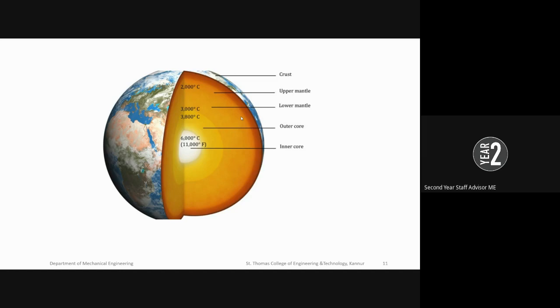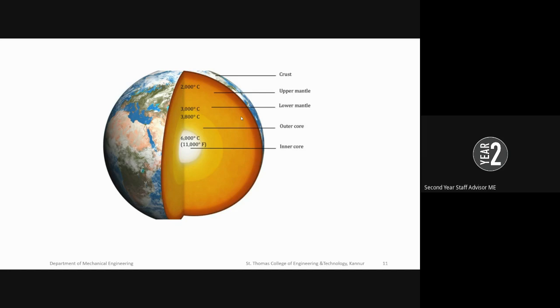So the inner core, outer core, lower mantle, upper mantle and crust, there are many other classifications also. Here you have to understand that in the inner core region, the temperature is around 6000, roughly between 5000 and 6000.